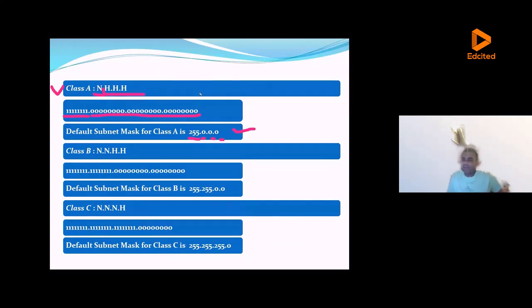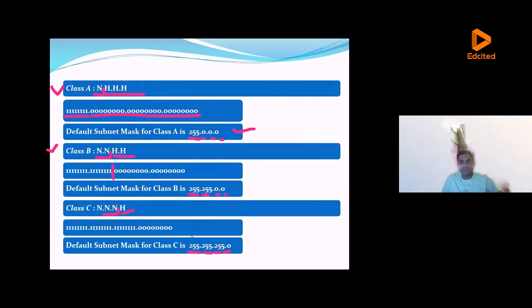Now we have class B, where the first two parts are blocked for the network and the last two parts for the host. So we have the first 16 bits for network and the last 16 bits for host. It becomes 255.255.0.0. In class C, the first three are network and the last one is host, so it becomes 255.255.255.0.